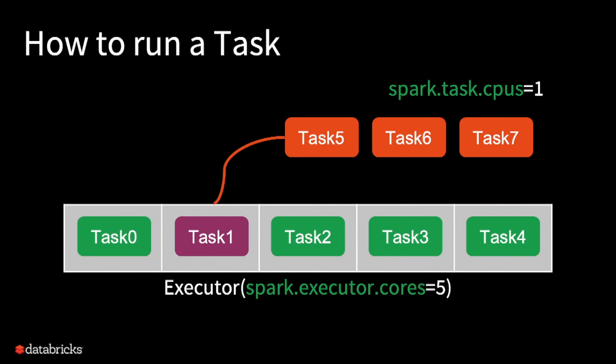So when each task has finished, the executor will update its status, and we may launch a pending task on the free slot. In this example, task 0 to task 4 are running on the executor, and task 1 has just finished. So another schedule iteration is triggered, and the pending task, task 5, is scheduled to run on the new free slot.